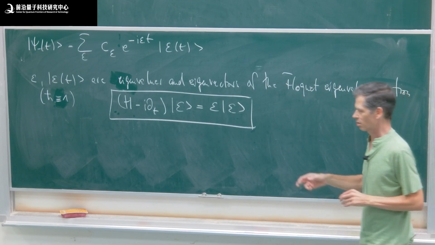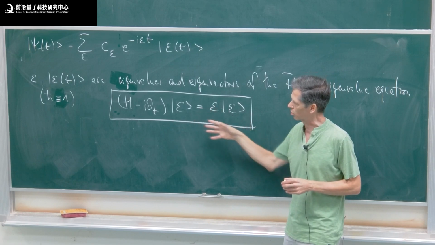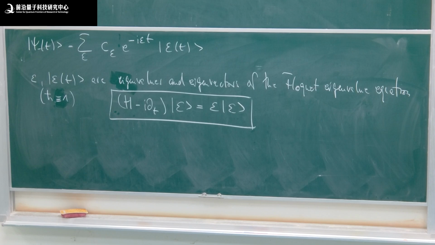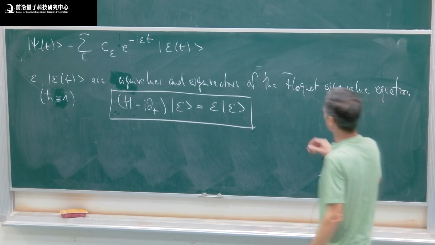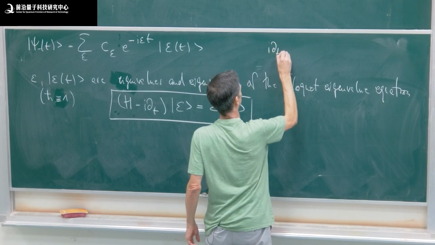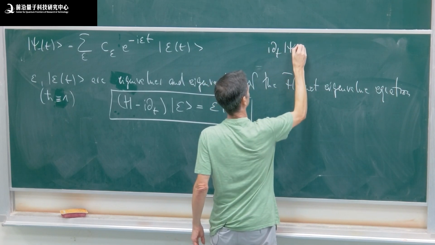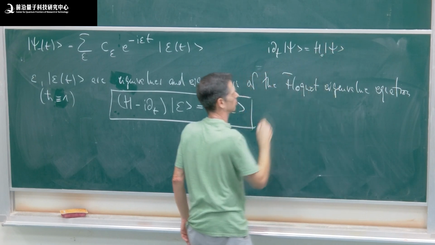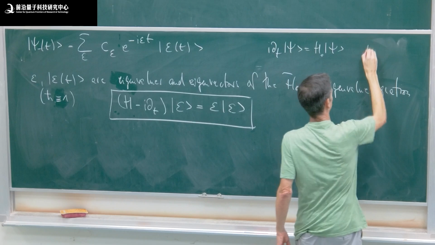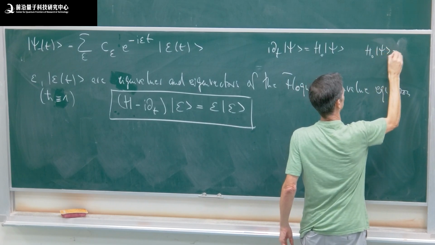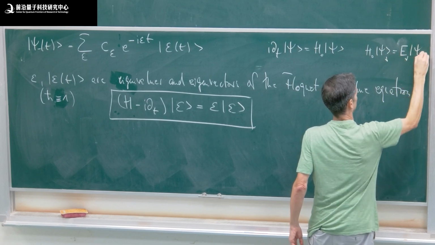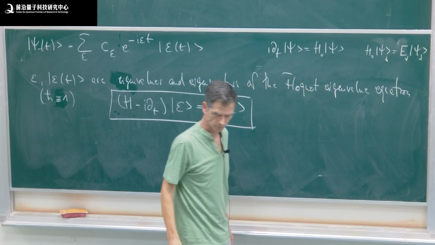How do you call the structure of an eigenvalue equation typically in quantum mechanics? Typically you have i d_t psi equals H naught psi, and then you also have H naught psi_j equals E_j psi_j. This you know.